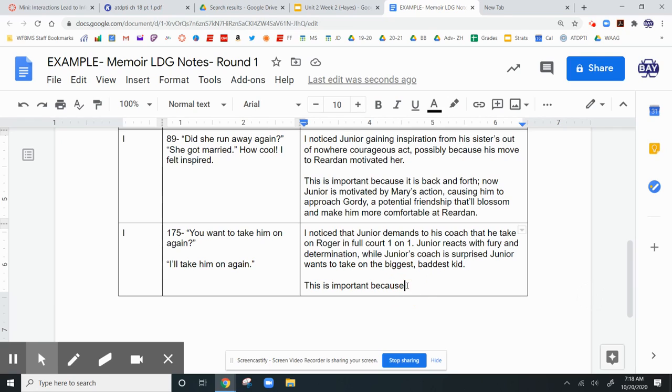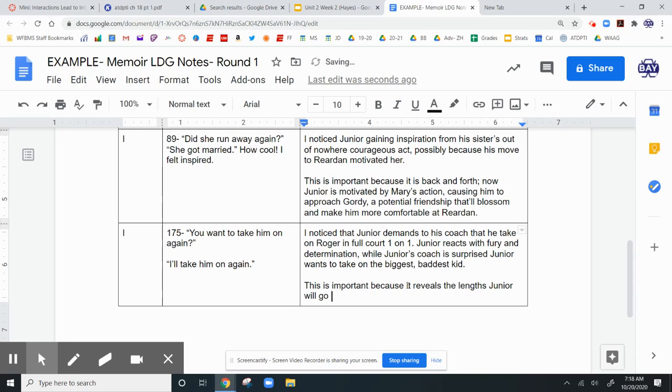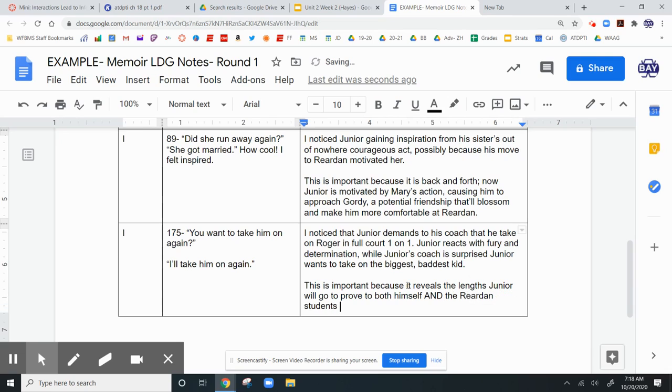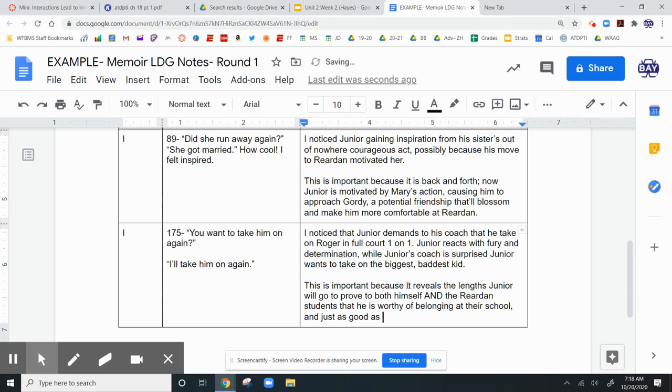This is important because it reveals the lengths Junior will go to prove to both himself and the Reardon students that he is worthy of belonging at their school and just as good as any of them.